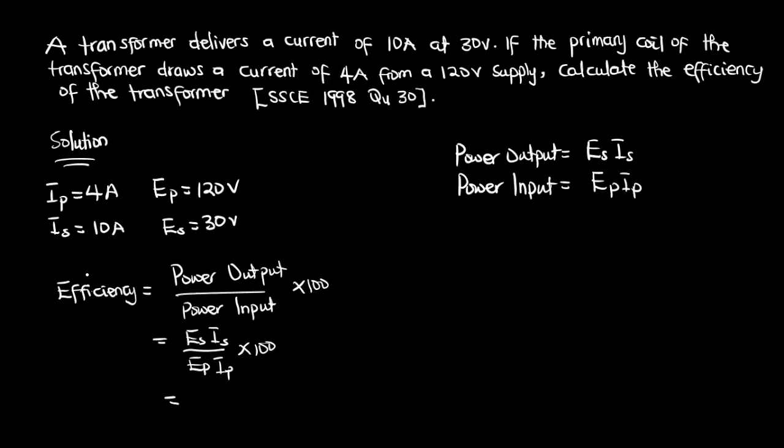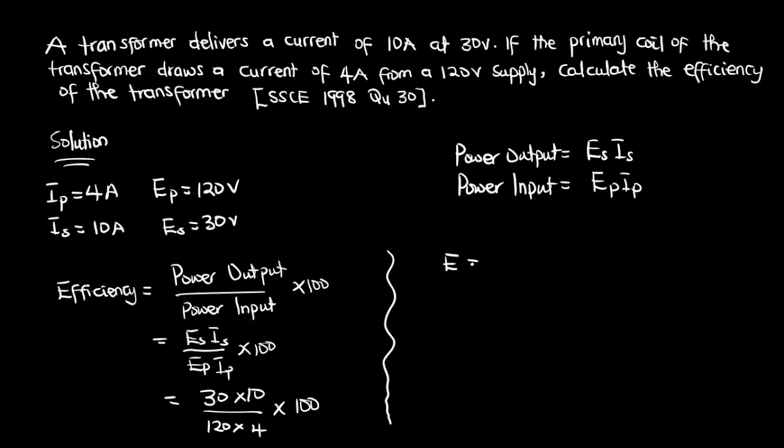So this is equal to our ES is 30, so we have 30 multiplied by our IS is 10, then divided by our EP is 120 multiplied by our IP, which is 4, then all multiplied by 100. Are we okay?